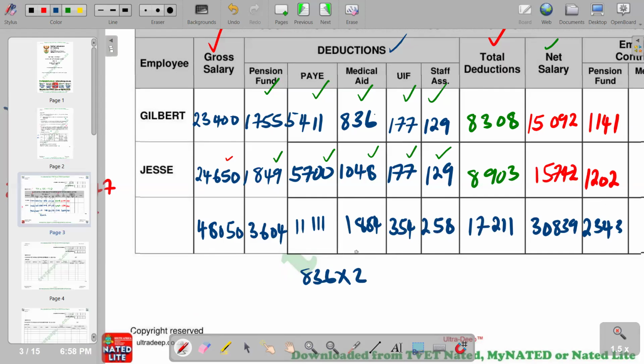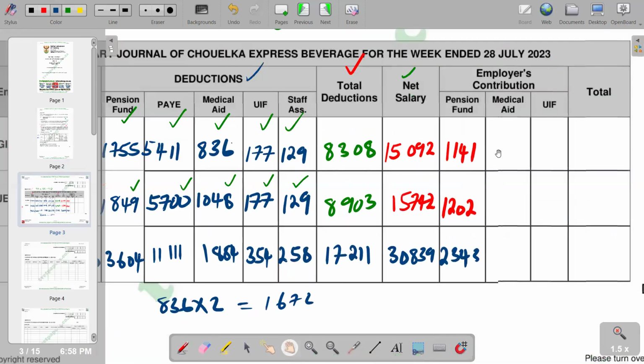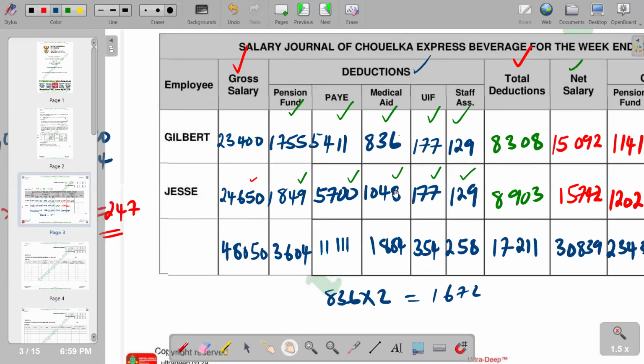So let's calculate and see what we get. We're going to get 1,672. So we put it as medical aid for Gilbert, which is 1,672. We do the same thing for Jesse, whereby we are saying 1,048 times 2, and you get your answer as 2,096. So we put 2,096.